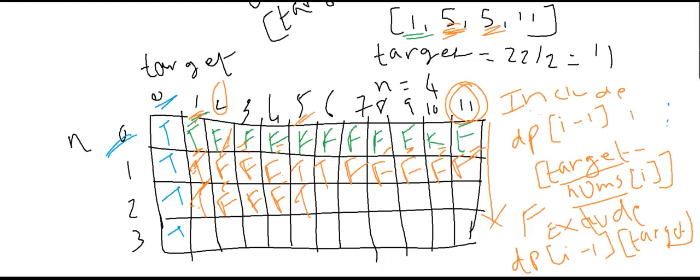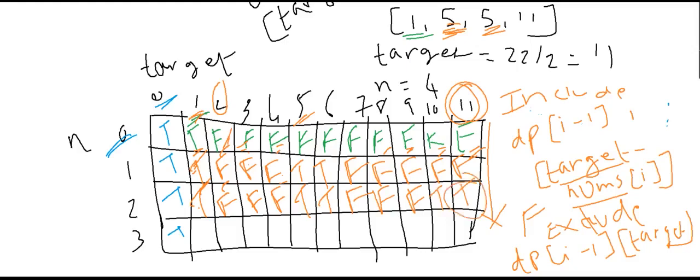Target minus nums of I, target is 6, 6 minus 5, which is 1. dp of 1, 1 is true, so this is true. 7 minus 5 is 2, so dp of 1, 2 is false, so include is false, exclude is also false, so this is false. 8 minus 5 is 3, dp of 1 and 3 is false, exclude is false, so this is false. 9 minus 5 is 4, and dp of 1 and 4 is false, and exclude is false, so false. 10 minus 5 is 5, dp of 1 and 5 is true, so this is true. 11 minus 5 is 6, dp of 1 and 6 is true, so this is true.